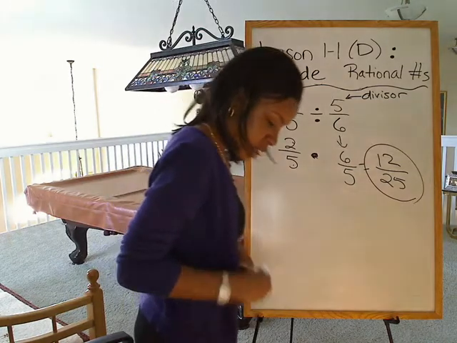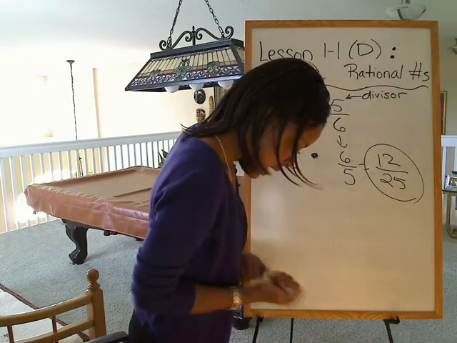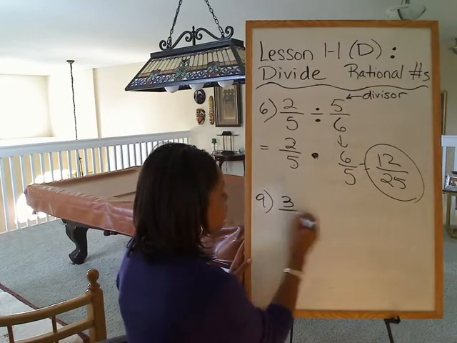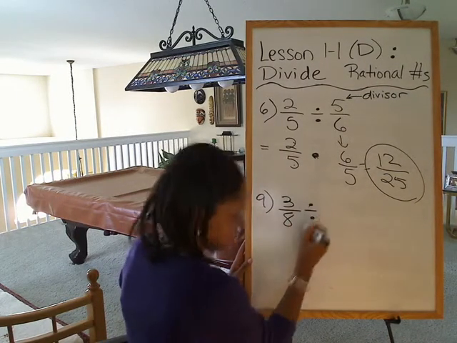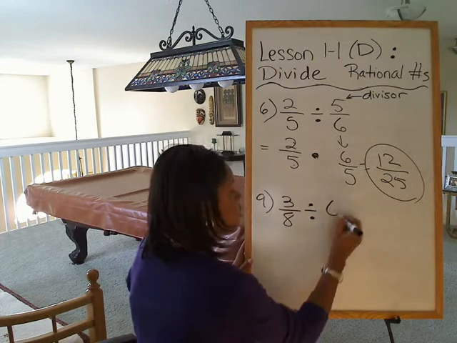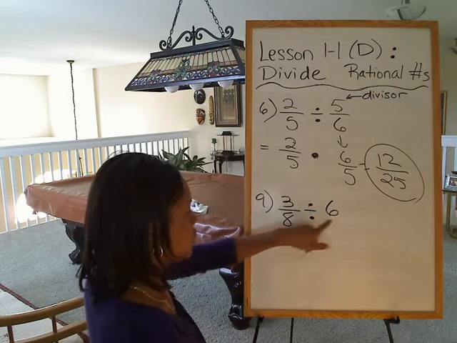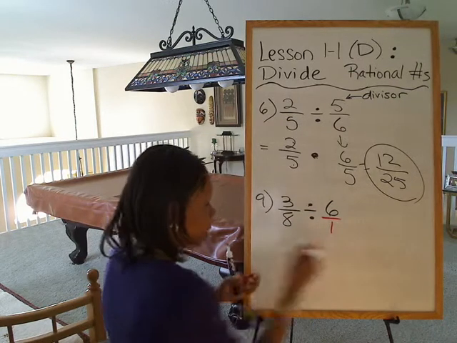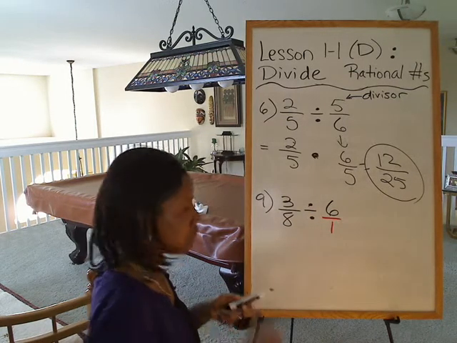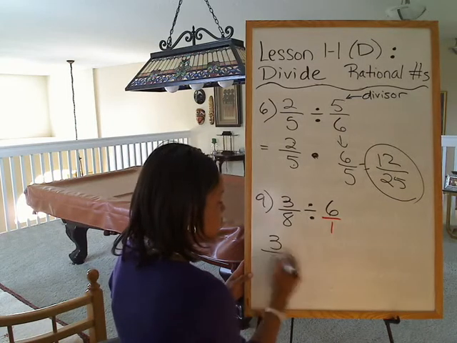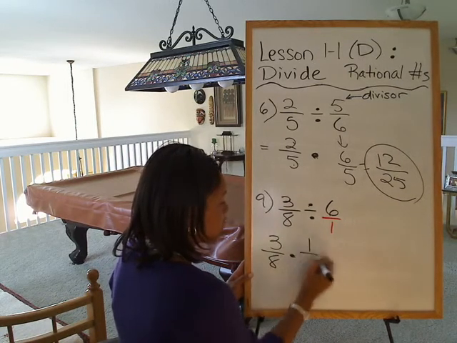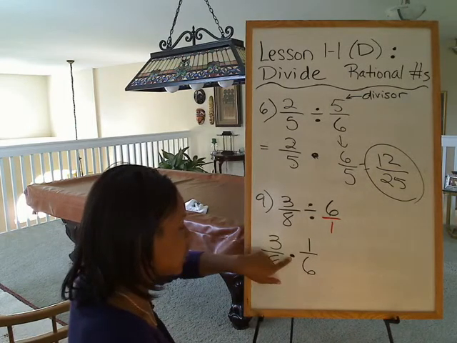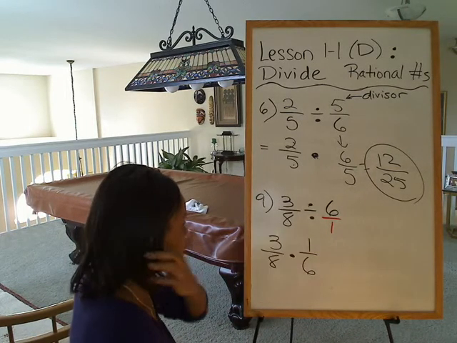Okay? Next, I'll do number 9. Number 9 says 3/8 divided by 6, which we can make a fraction by just making it 6/1. And then we have to change it to the reciprocal. So it's going to be 3/8 times 1/6. So you keep the first fraction, change the division to multiplication, and then flip the second fraction.